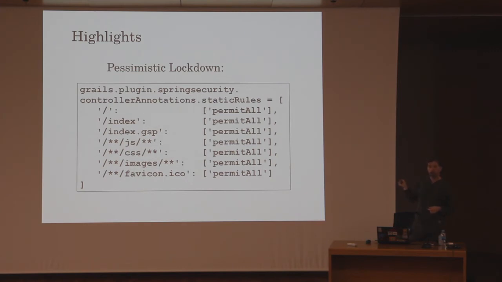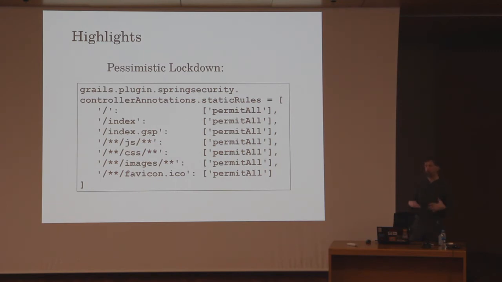So that's if you're using annotations for guarding access, right? There's three ways that you can guard access. There's annotations, there's request maps in the database, which are nice for if you have requirements that you need to be able to change rules while the app is running, or add in new rules, or remove access, whatever you want to do.